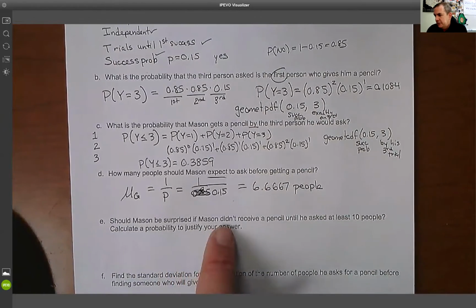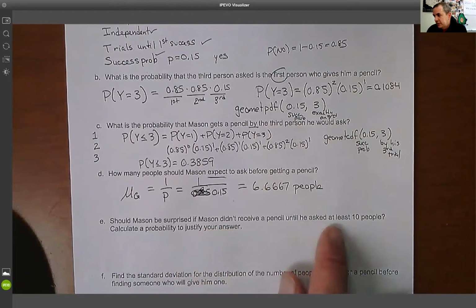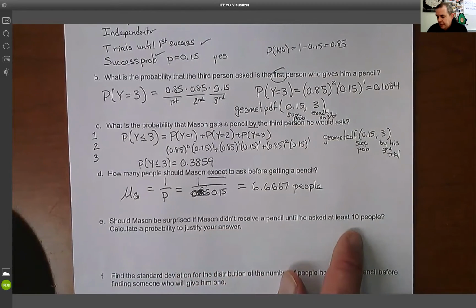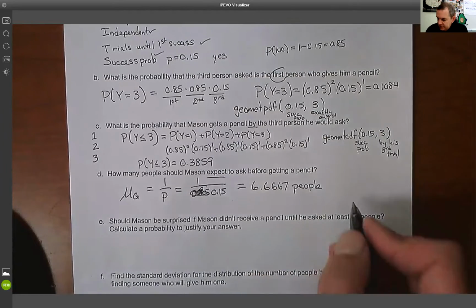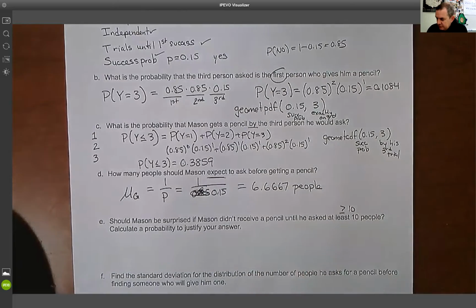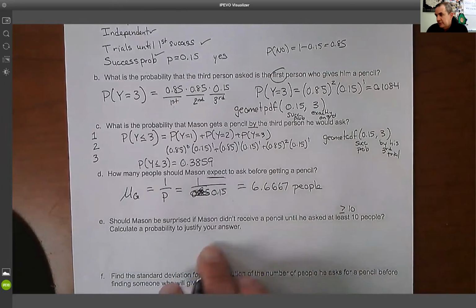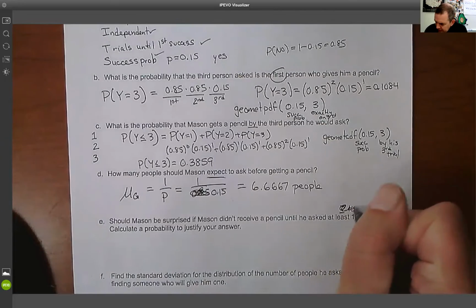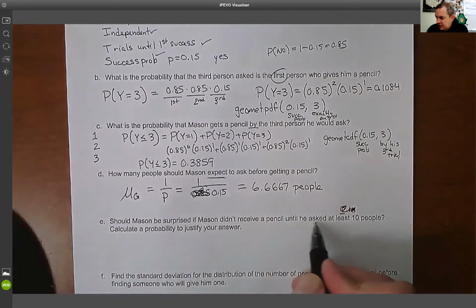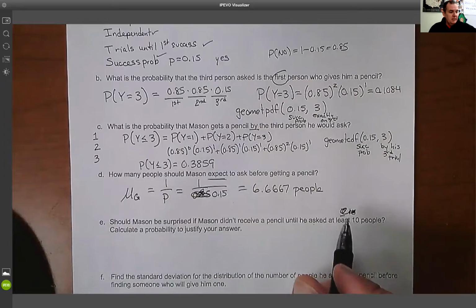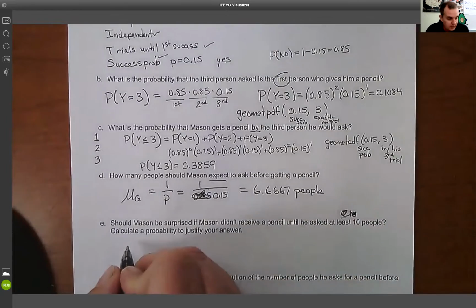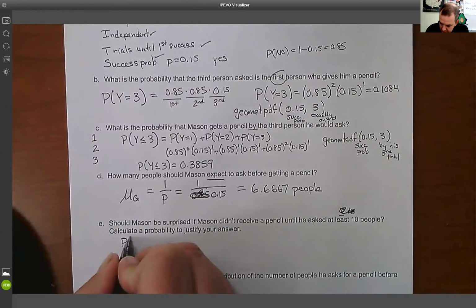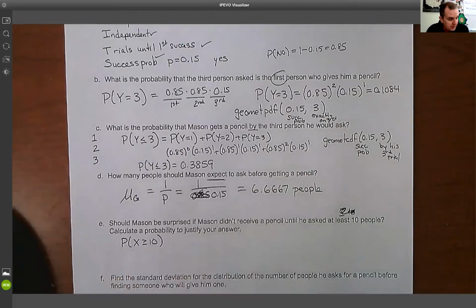Should Mason be surprised if he didn't receive a pencil until he asked at least 10 people? At least 10 means greater than or equal to 10.